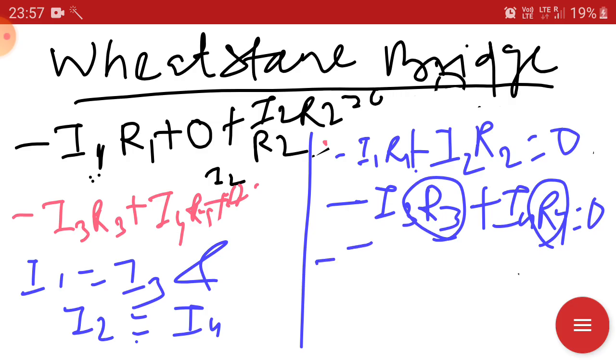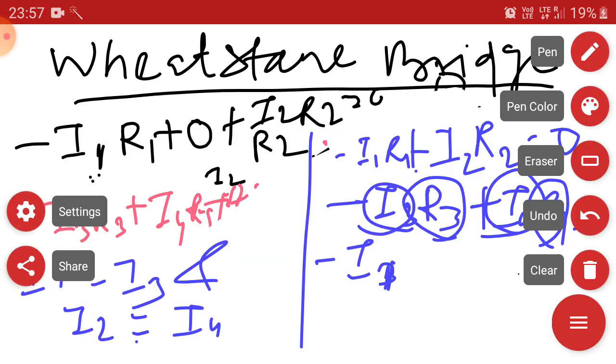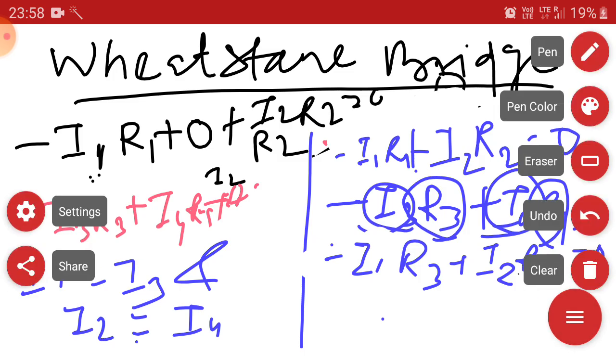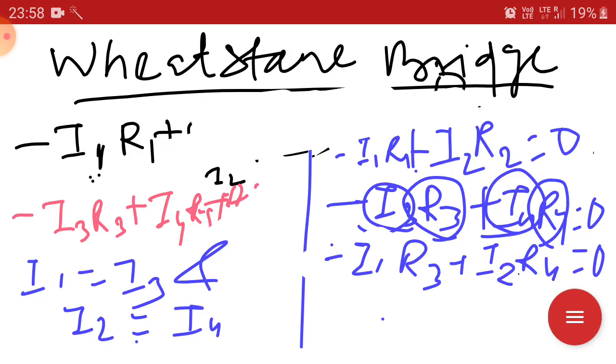So we'll get the equation: minus I1 R3 plus I4 R4, I4 is I2, so I2 R4 is equal to 0. Now let me rearrange the left side.